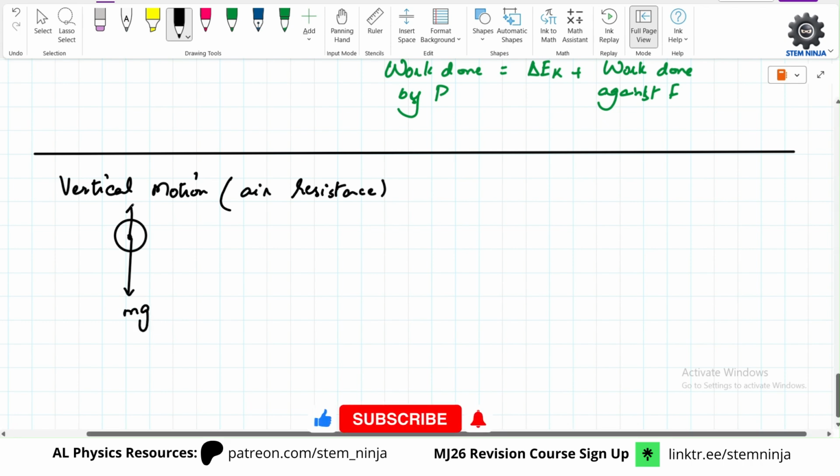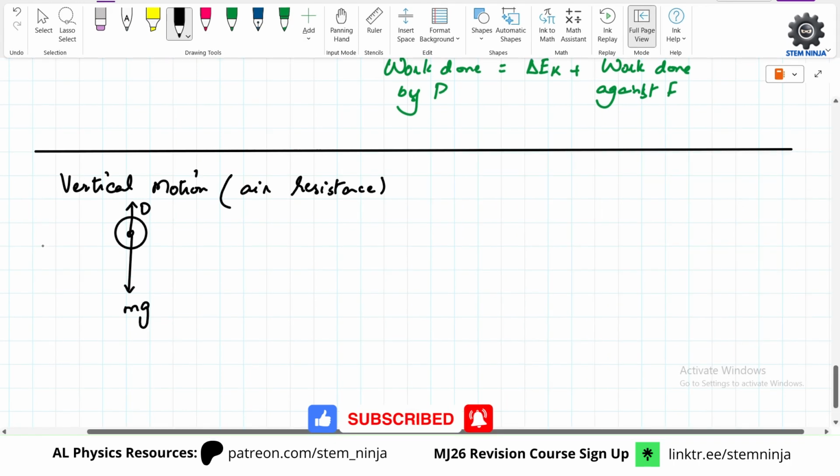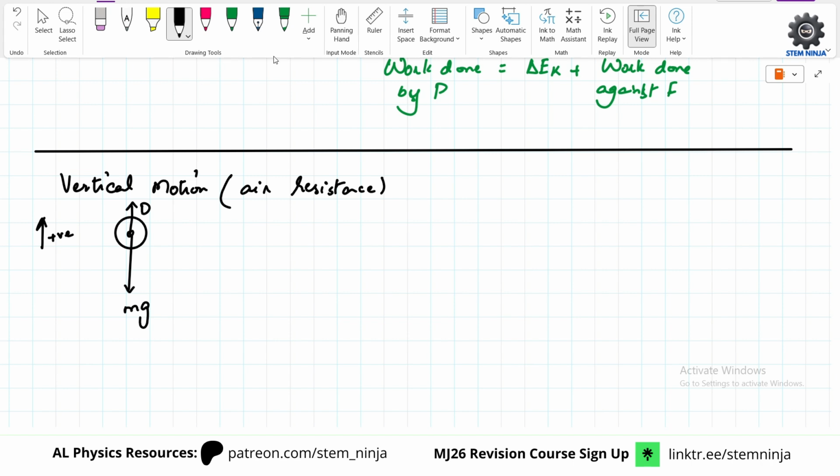This time it's air, so the drag force will act upwards. We will consider this direction to be positive, so any displacement in this direction would be positive. So when we write sigma F equals ma, Newton's second law, remember, we have to take negative mg. So negative mg plus d equals ma.